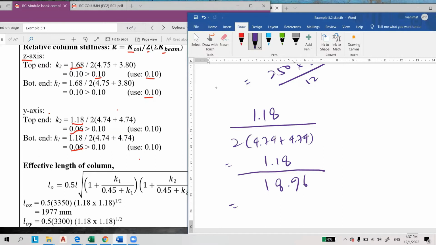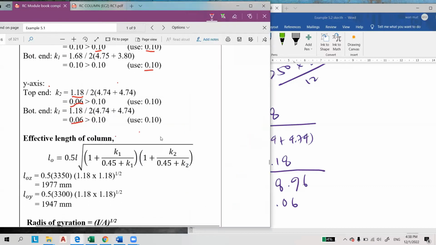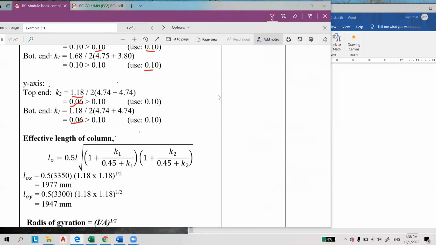Divided by 18.96, the value is 0.06. This one is smaller, it should be smaller. So you should use 0.06, and then you use here also 0.06.